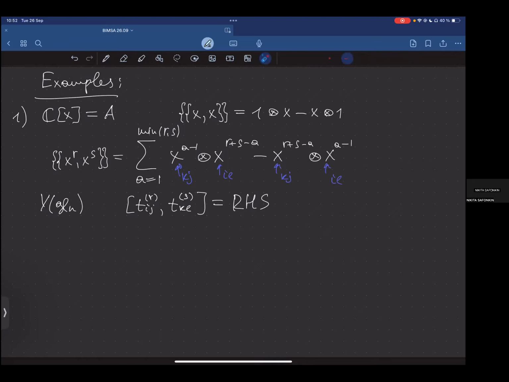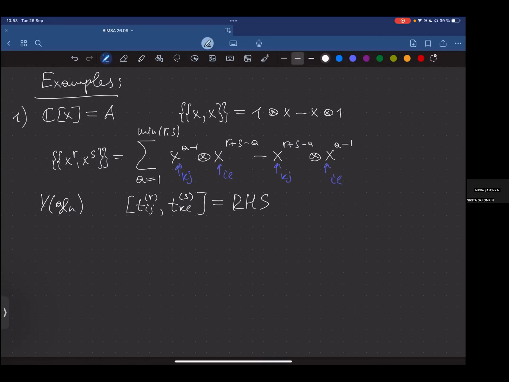And of course, if we change x to the i-1 kj by t of a-1 kj, then we obtain exactly this right-hand side of the commutation relations in this Yangian of GL_N. So this expression should be familiar to those of the participants who know this Yangian of GL_N.